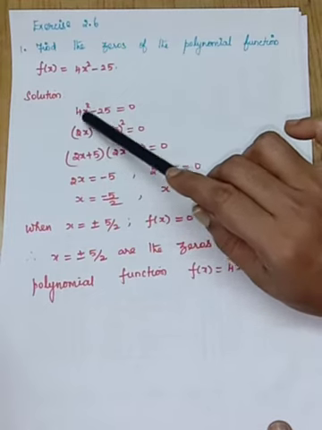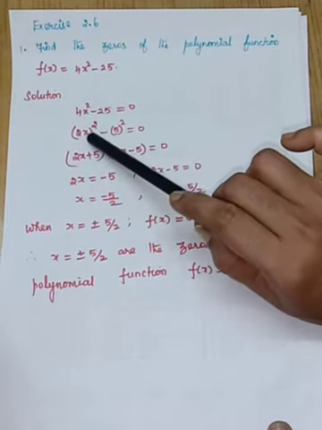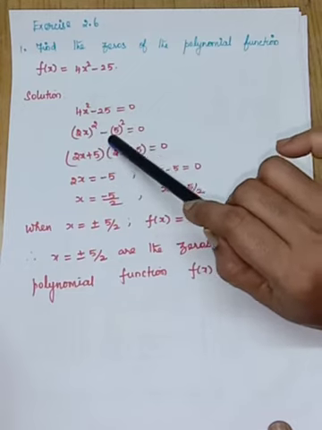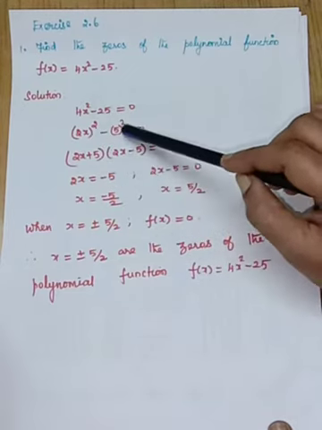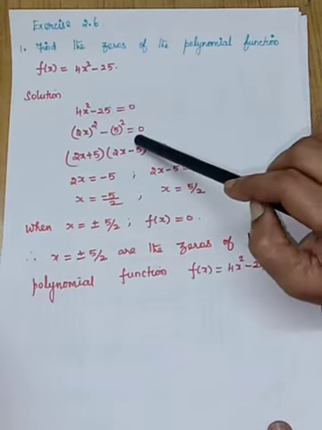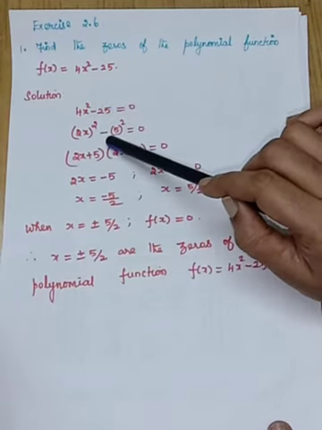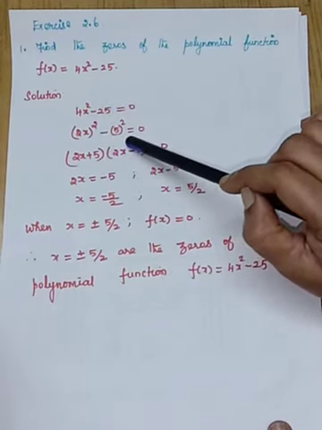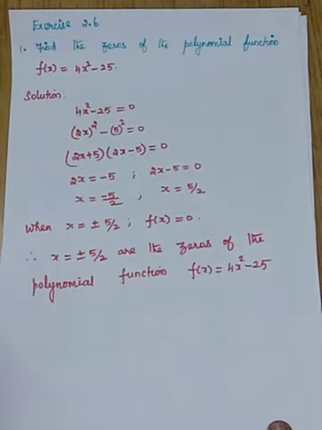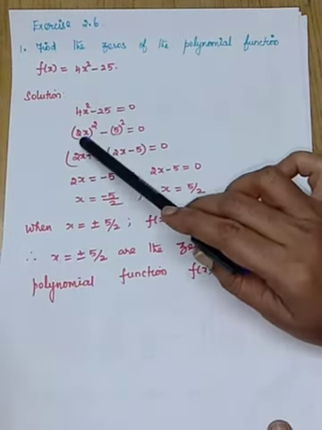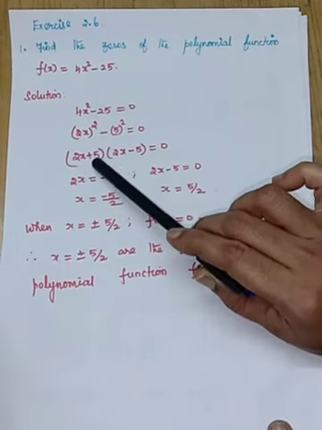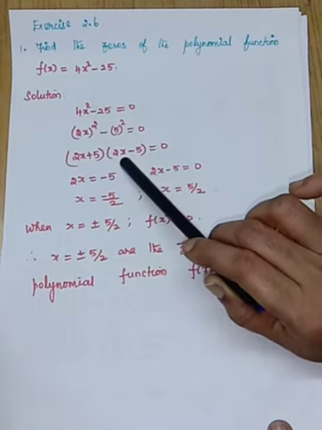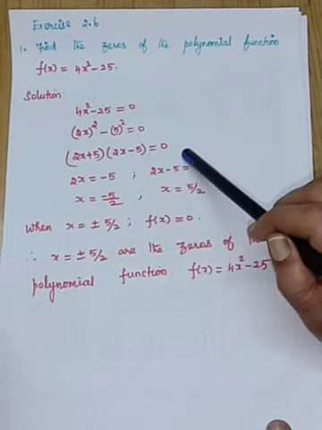So 2 squared x squared can be written as 2x the whole squared, and 25 can be written as 5 squared. So it is in the form of a squared minus b squared. How will you write a squared minus b squared? It is a plus b into a minus b. What is your a? It is 2x. So 2x plus 5 and 2x minus 5 is equal to 0.